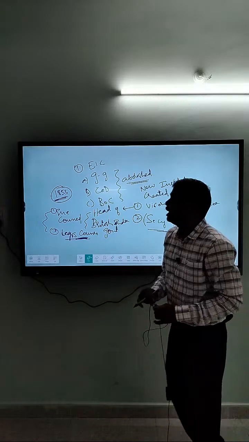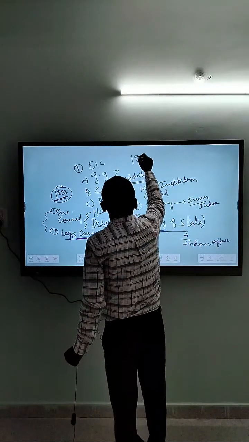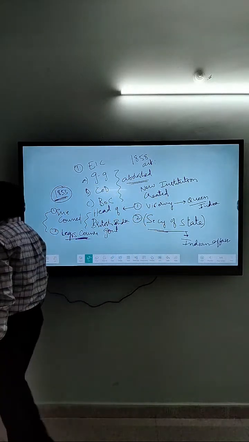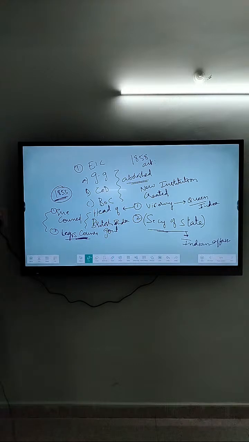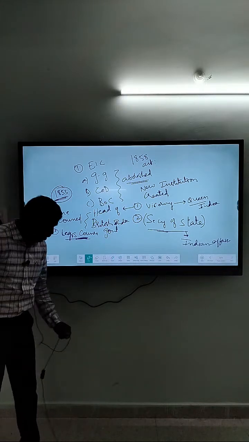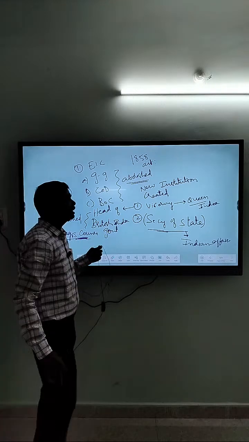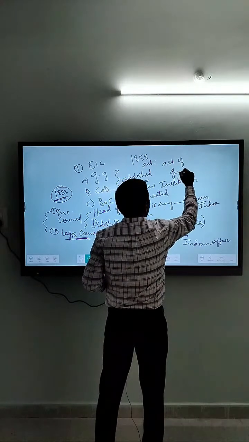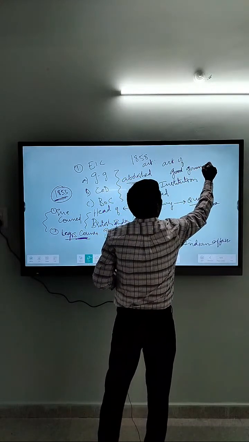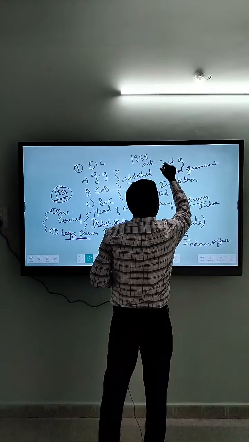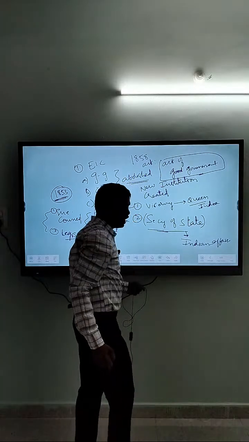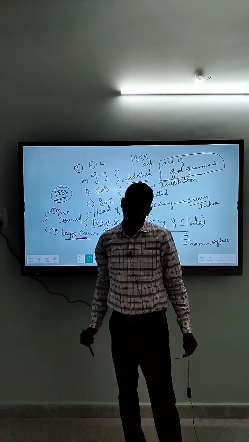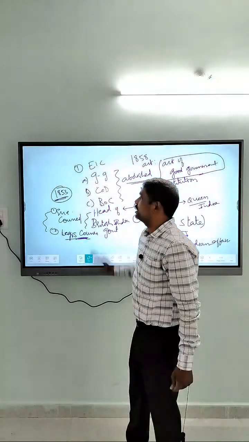That is the reason why the 1858 Act is also called the Act of Good Government. So these are the things you should know about the 1858 Act.